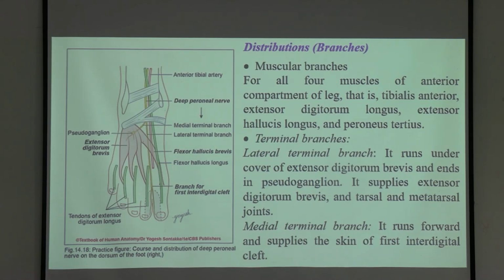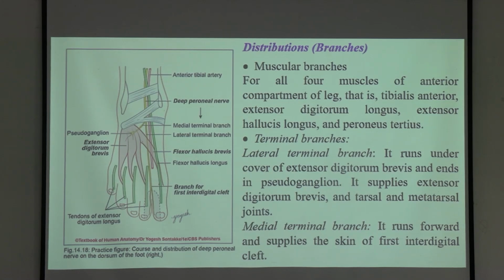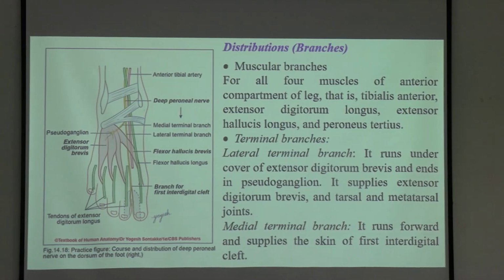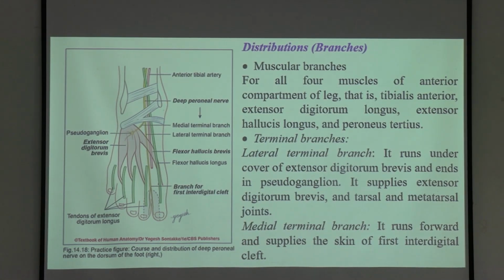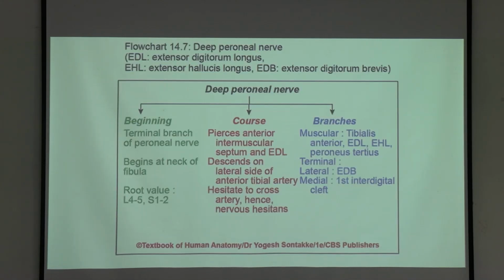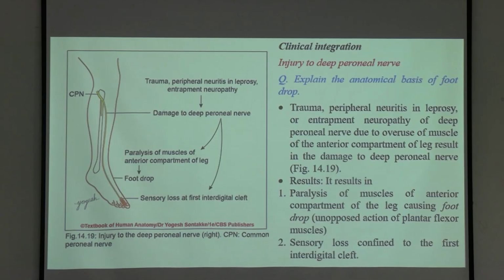Except the first and second web space, all the web spaces in the foot are supplied by superficial peroneal nerve. Here we can find common peroneal nerve divides into deep and superficial peroneal nerve.